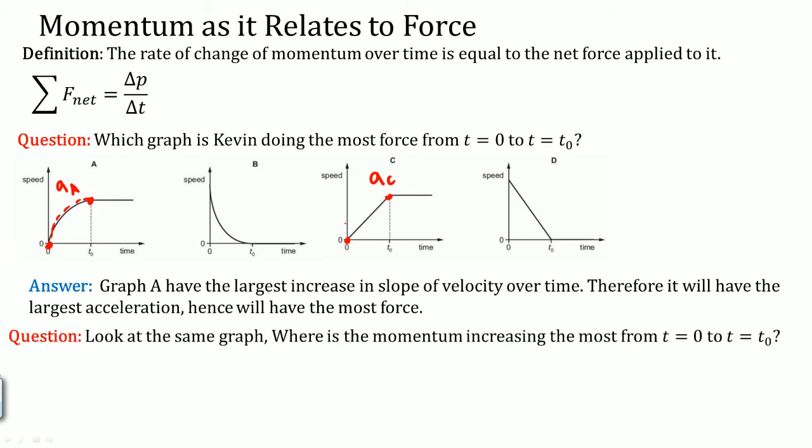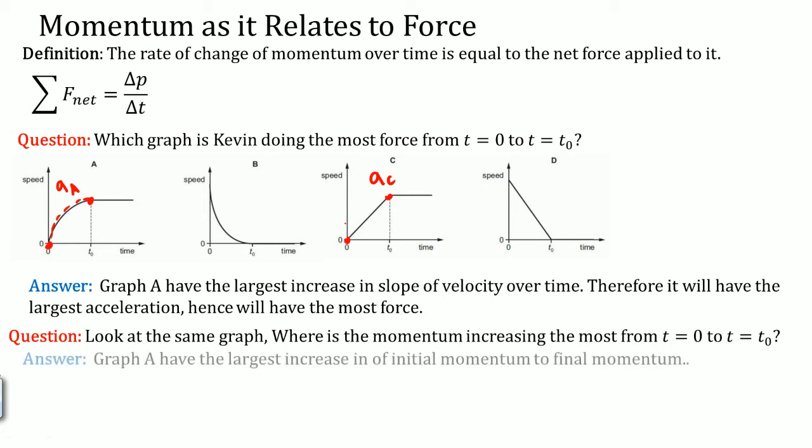But now we want to look at the same graph, and now we want to ask, where is the momentum increasing the most from t naught to t0? So it's the same thing. We would have to look at its initial momentum, and this is going to be the final momentum. Same thing here.